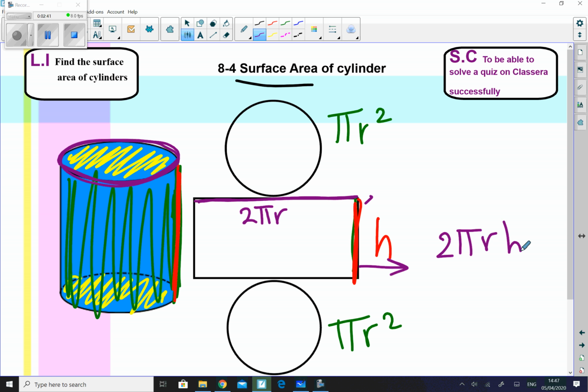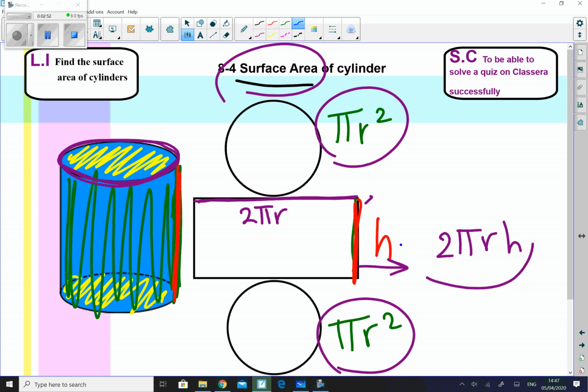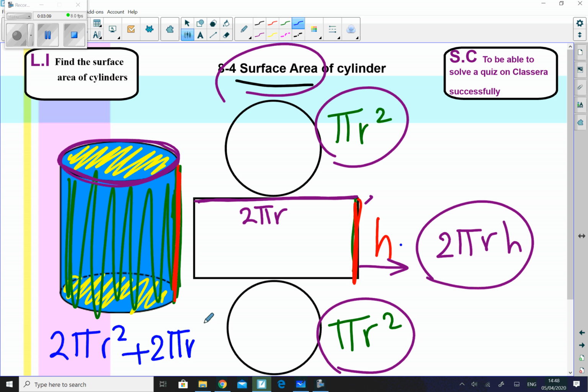To find the total surface area at the end, you need the rule. The rule is this one added to this one, and then you add it to the last one here. So it is pi r squared plus pi r squared, which is 2 pi r squared, plus 2 pi r height.